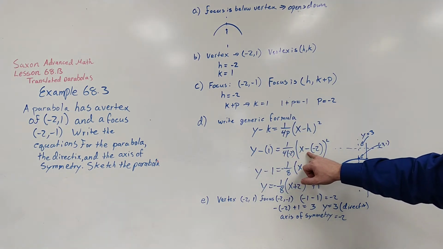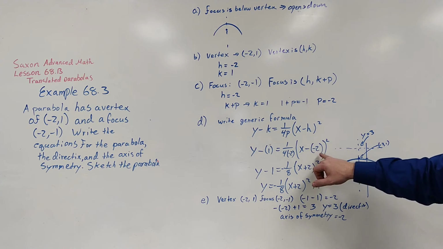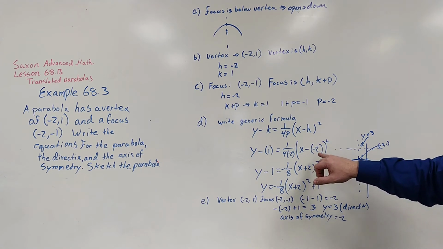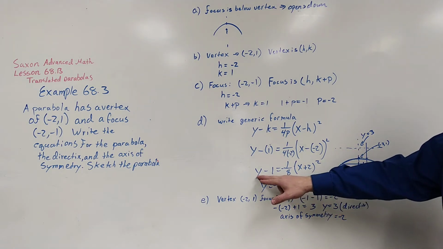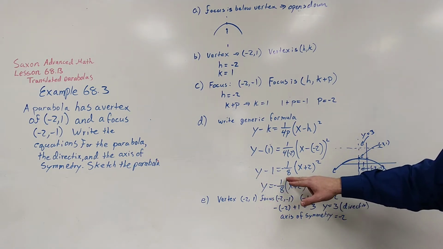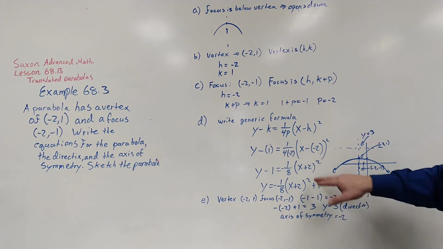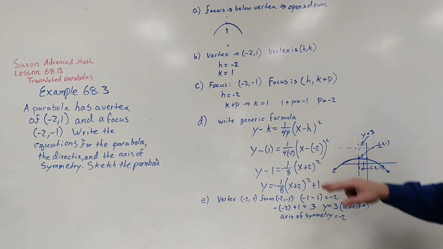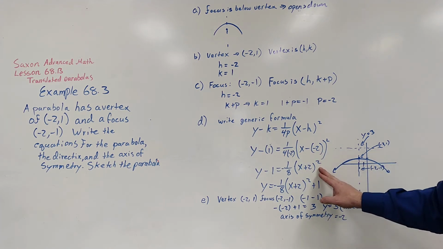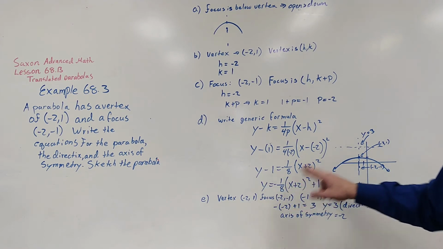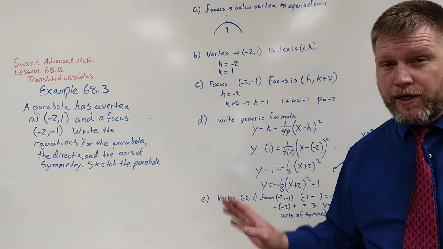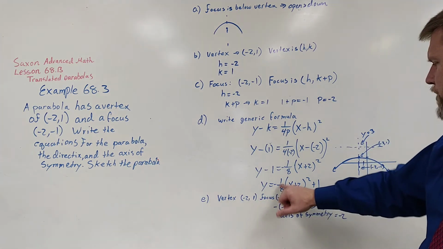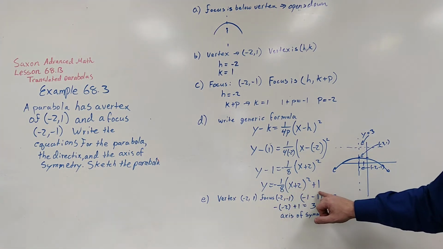What is h? -2. I plug that in and start simplifying. y minus 1 equals -1/8, 4 times -2, times x plus 2, squared. Then I move the 1 from the left-hand side to the right-hand side. Now I have the formulation I already understand for the translated parabola: y equals -1/8 times x plus 2 squared, plus 1.